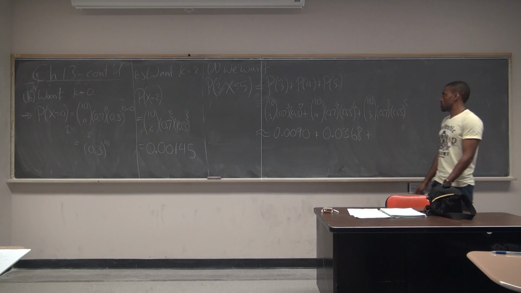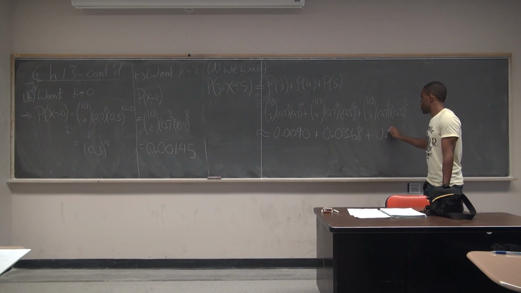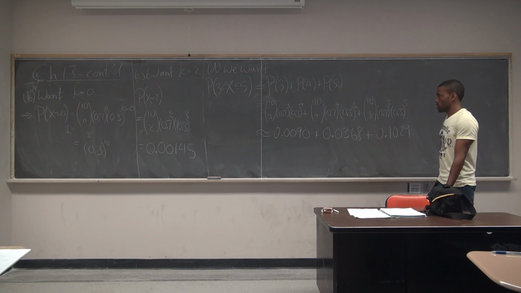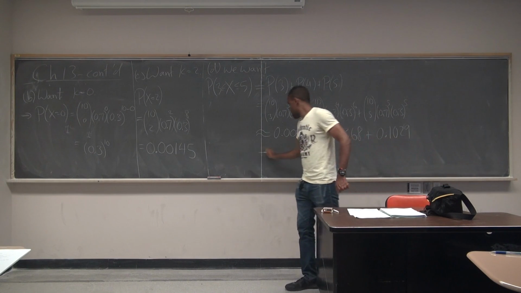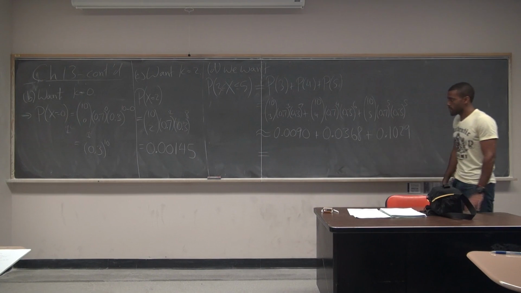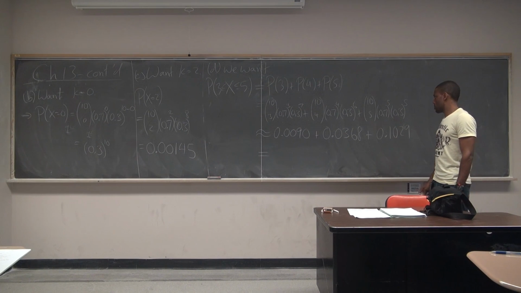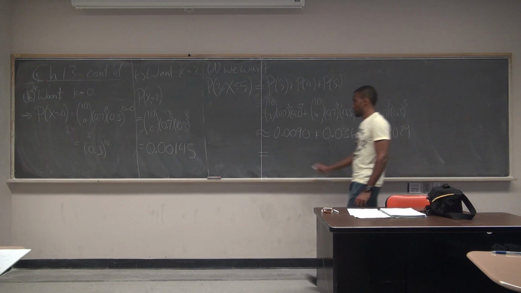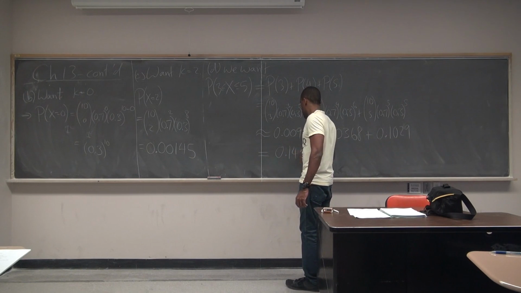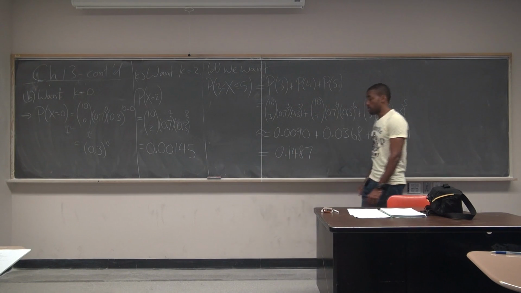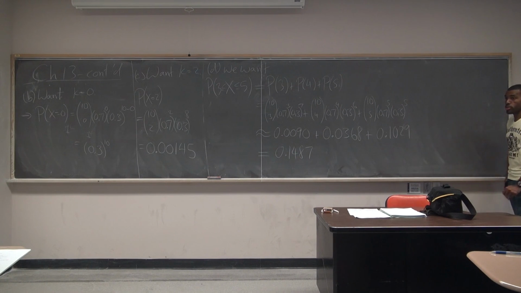I think the last one is 0.1029. Okay. Add those all together. What do we get? It's not so bad. 0.1487. Yeah, so around a 15% chance that he'll actually be somewhere between 3 and 5.